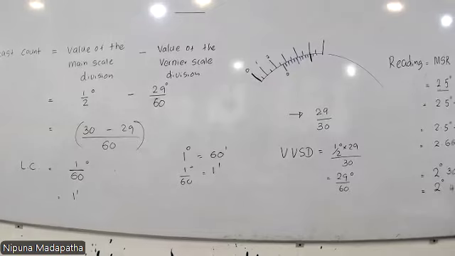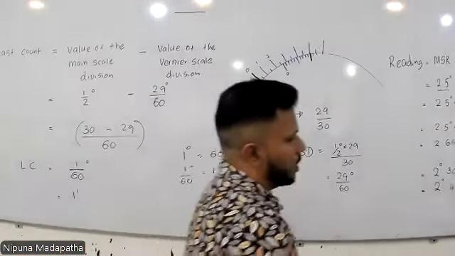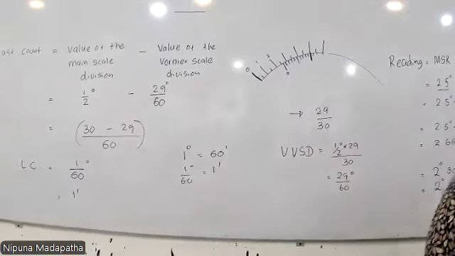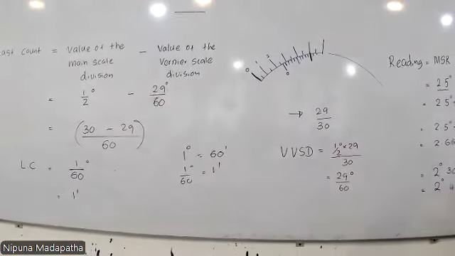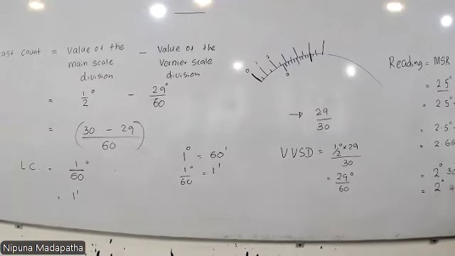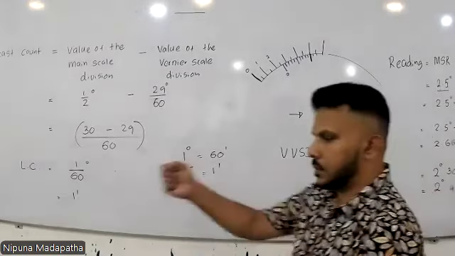Examples: spectrometer, then another one, theodolite. Right. Next line.